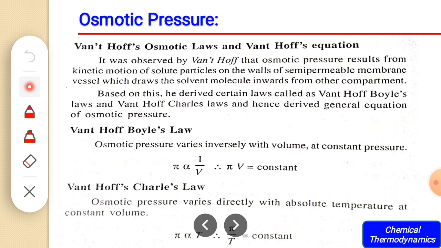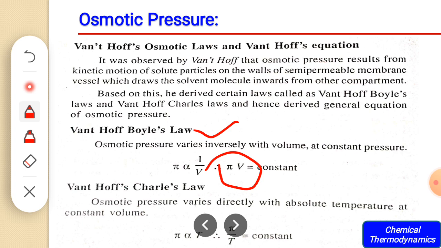The first is the Van't Hoff-Boyle's law, according to which the osmotic pressure is inversely proportional to the volume at constant temperature. So pi is inversely proportional to volume, and therefore pi V is equal to constant. Pi is the osmotic pressure, V is the volume of the solution.